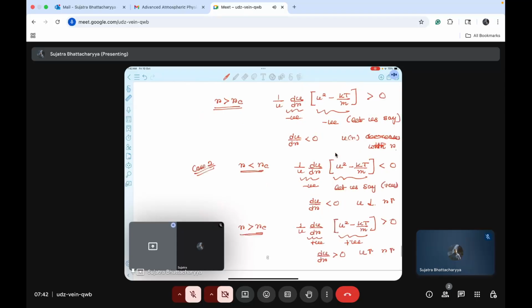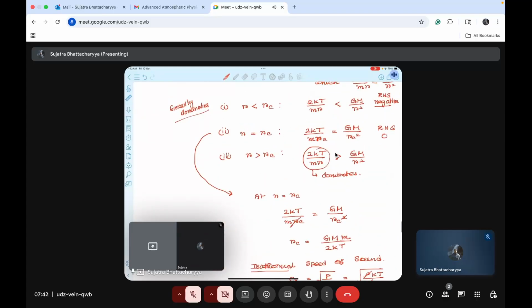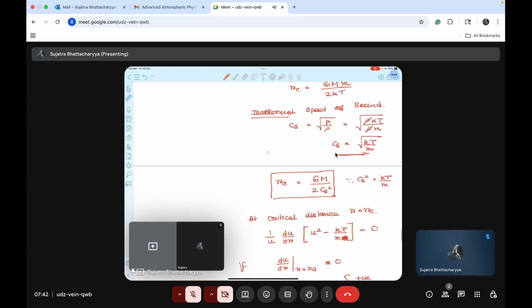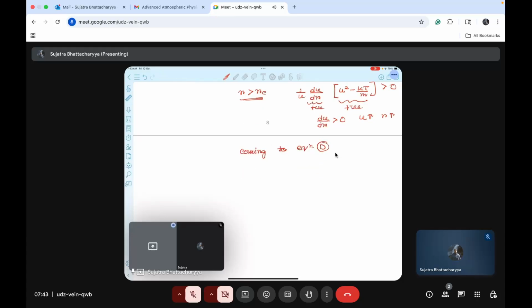So there are many cases which you can clearly see. Now, let us come back to this expression. Let's say this is equation D. Coming to equation D, let us write the equation first.